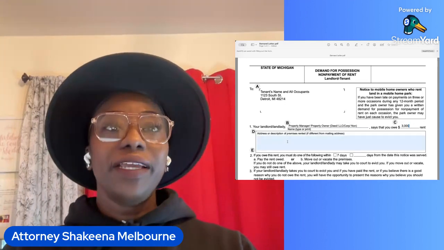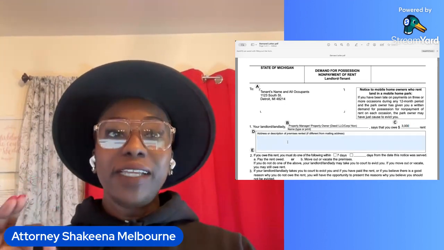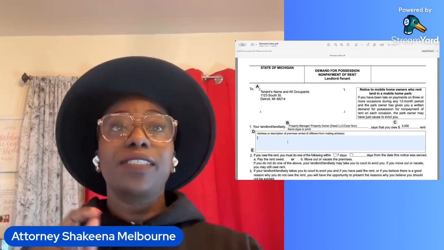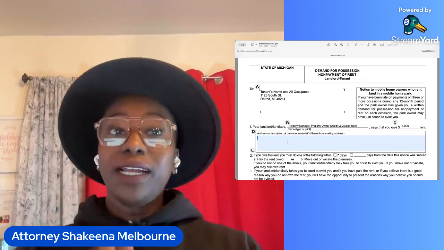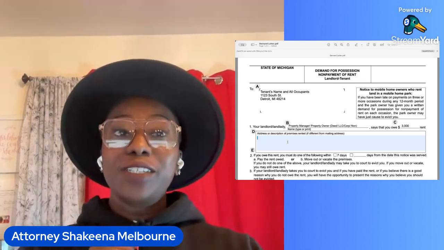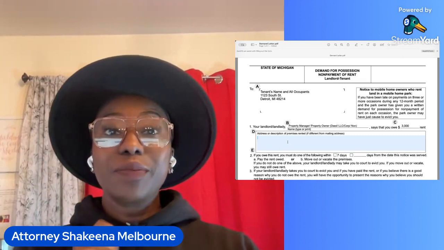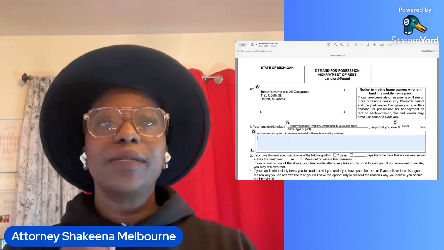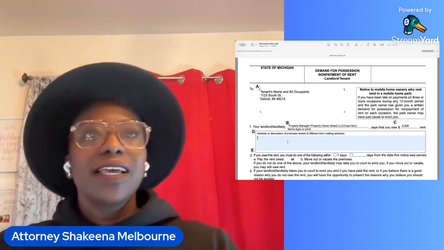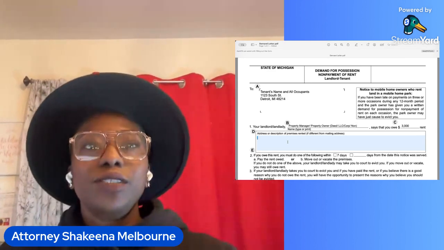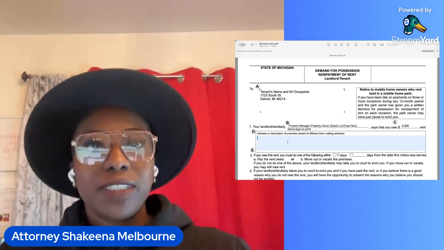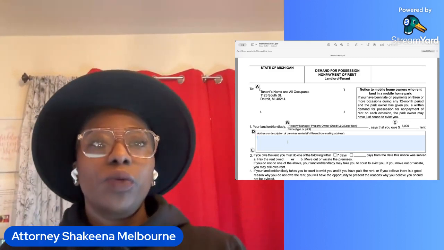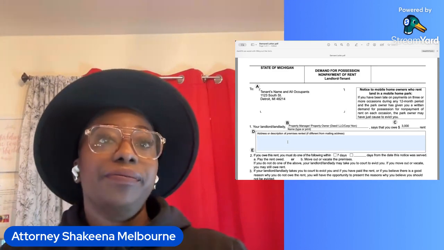A common area I see that most landlords, property owners, and property manager companies fail to fill out is subsection D. Believe it or not, this again is a section that can cause your case to be dismissed because you didn't tell the tenant which address you were attempting to evict them from. Are you serious? I put the address in the first section, and the court is going to say, well, you didn't give them notice on which property you were evicting them from.